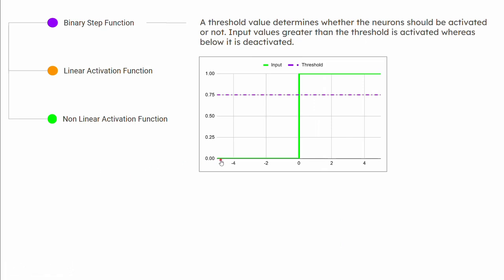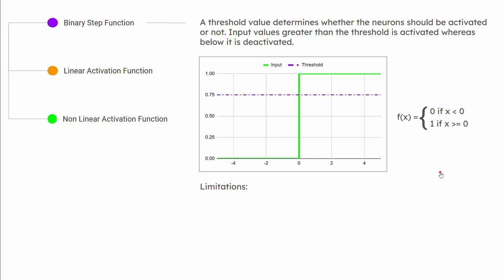Here is the 0 state, deactivated, and this is the active state, above this threshold. In mathematical notation, it can be written as 0 if x is less than 0, 1 if x is greater than 0, or instead of 0 you can use a threshold like 7.5.